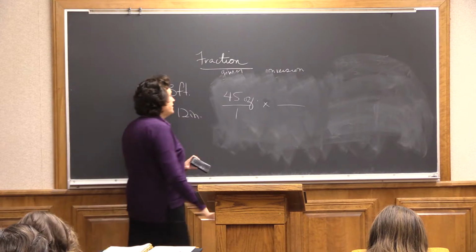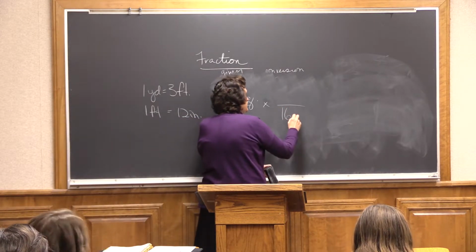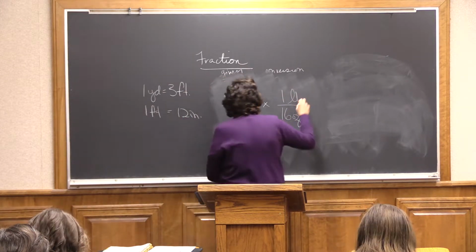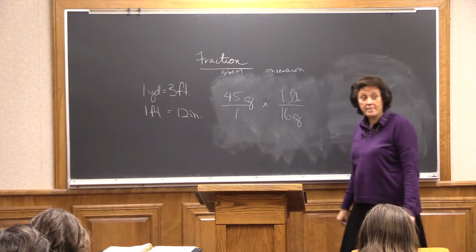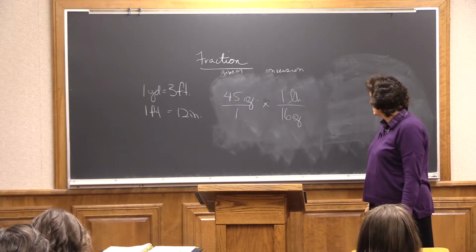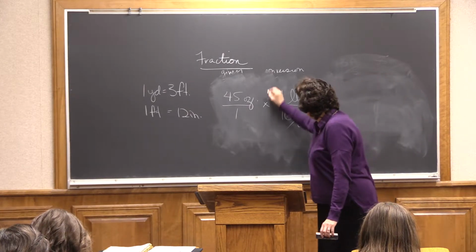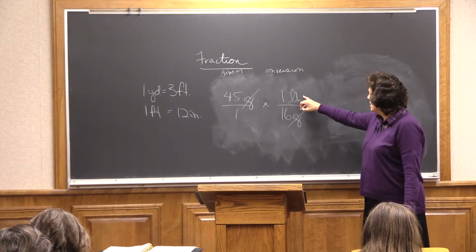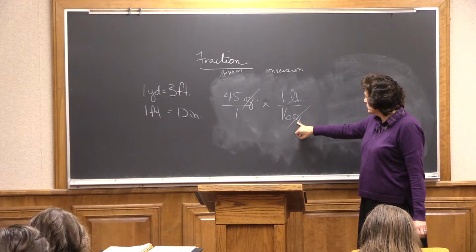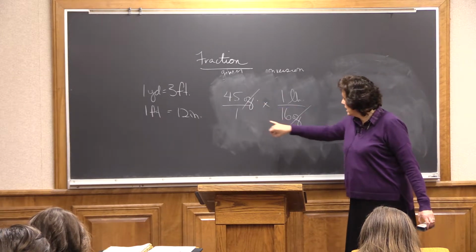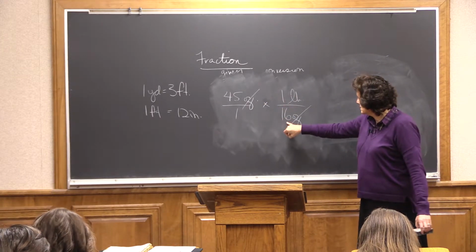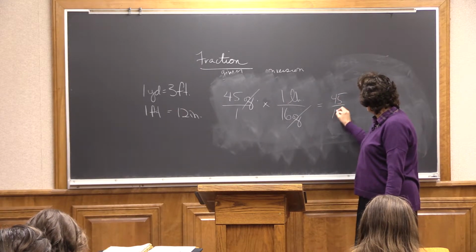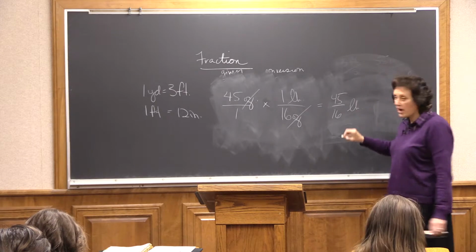All right, I know that there are 16 ounces in 1 pound. This is an awkward conversion. So in my given, I put 45 ounces over 1, and I'm going to set it up so that the ounces cross cancel with the ounces. 1 pound is 16 ounces, and this gives me a rather awkward fraction.